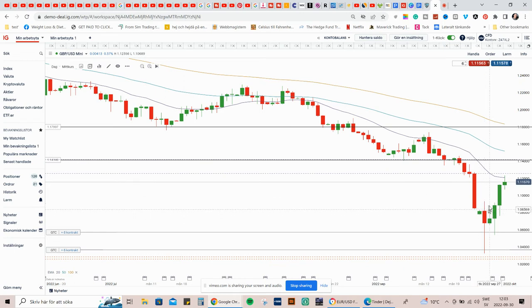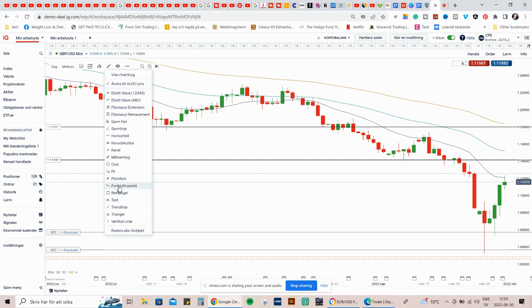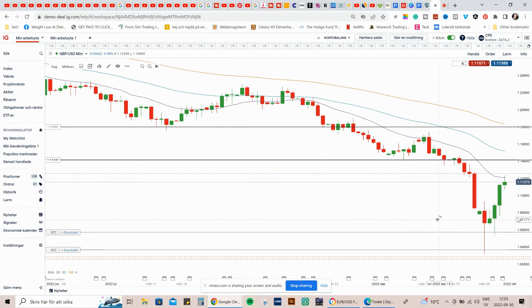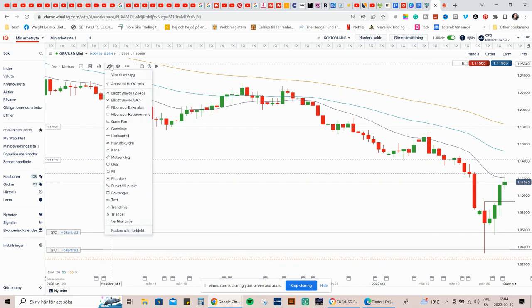So these two candlestick bars plus this one form an inside bar pattern. Let me show you my thoughts about this strong strategy, using the pin bar strategy combined with the inside bar strategy.